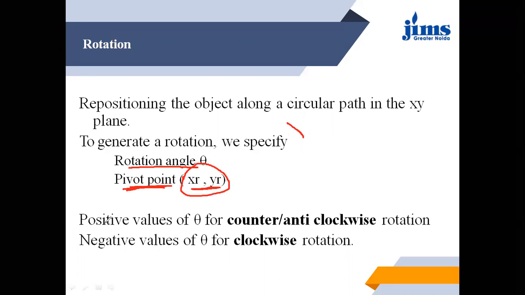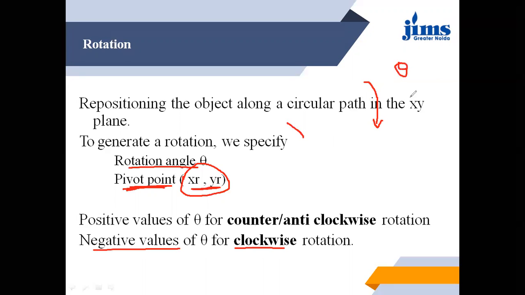One more most important thing where most of the students are confused, and this is generally asked in the final examination. When we rotate an object clockwise, then the value of theta is negative.